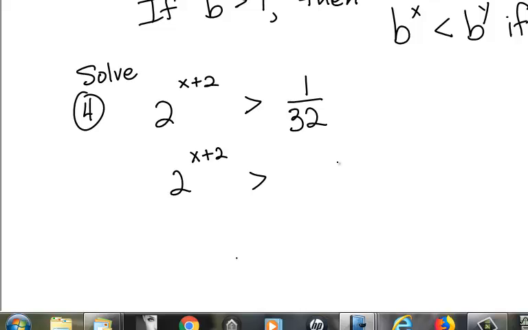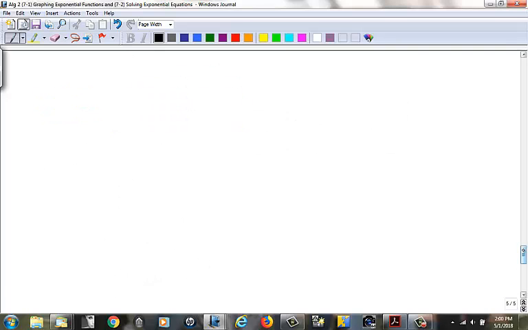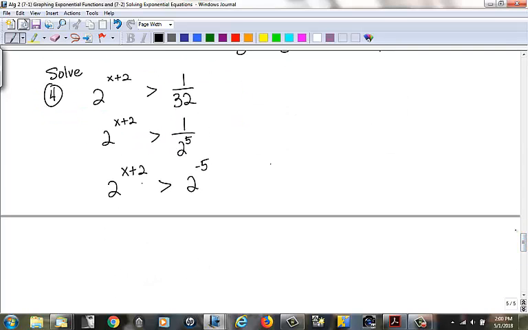It's 5. 2 to the 5th, right? So 32, you have 1 over 2 to the 5th. If I move that up, what happens to the exponent? It'd be 2 to the x plus 2 is greater than 2 to the negative 5. If you move it up, it's going to make it a negative exponent.